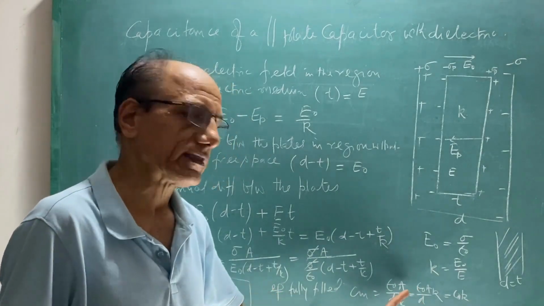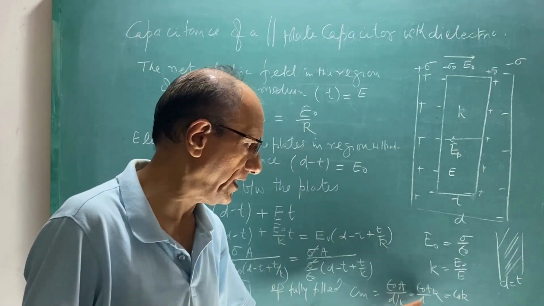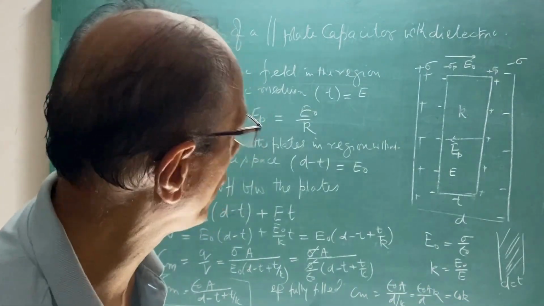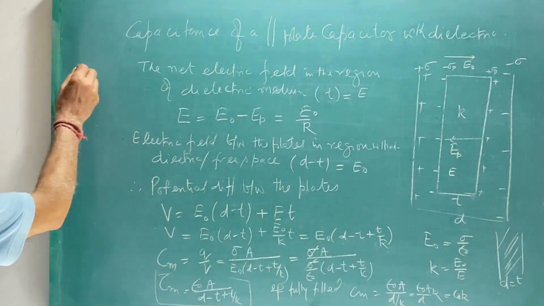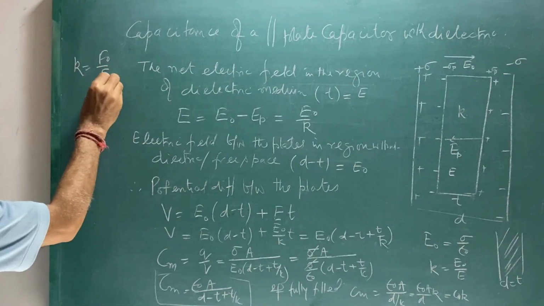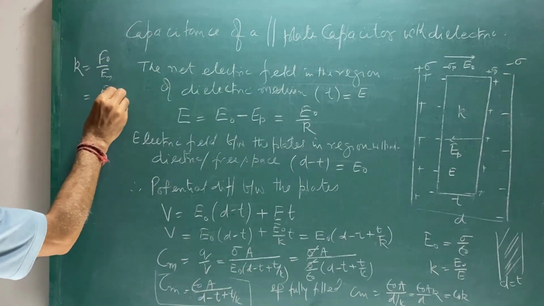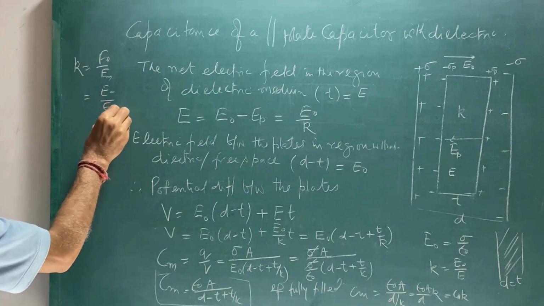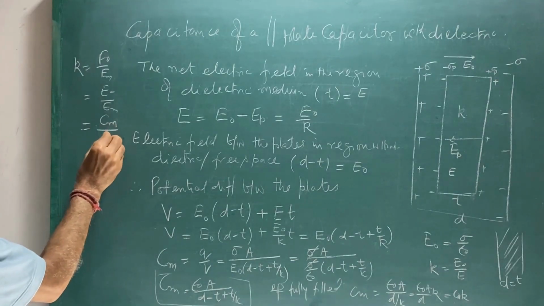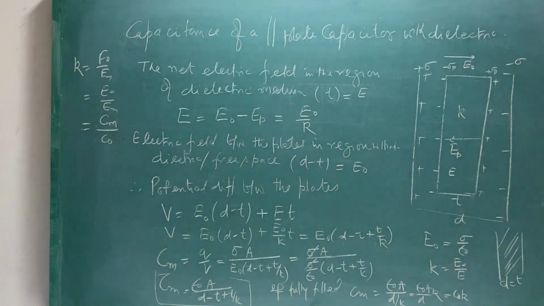So this is Cm equals epsilon A by D into K, that is C naught into K. So here we know that dielectric constant is equal to what? F naught upon F medium, E naught upon E medium. But in case of capacitor, it is reversed: C medium upon C naught.